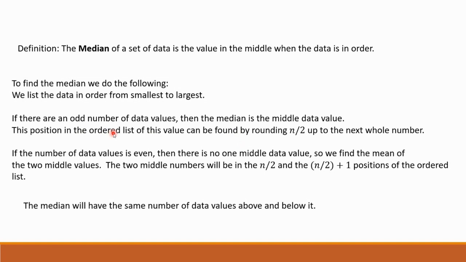So again, if n is how many data values there are, you take n, you divide by 2, you round it up, and the number in that position is the median. If there's an even number of data values, then you have to find the numbers in the n over 2 and n over 2 plus 1 positions, those two, and then you take their mean.